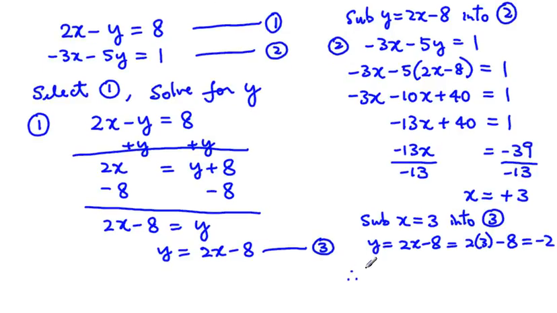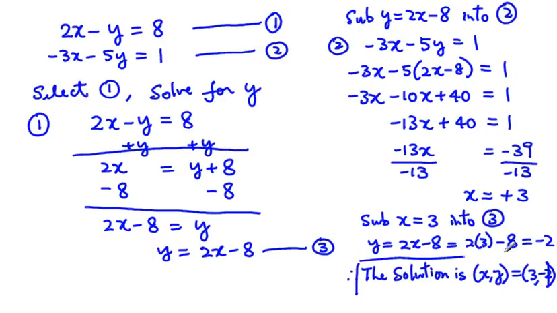Therefore, the solution is the ordered pair (x, y) equals (3, negative 2). Oops, my parenthesis. It should be (3, negative 2). Please excuse my mistake. Okay, so that's our solution. x is equal to 3, y is equal to negative 2.